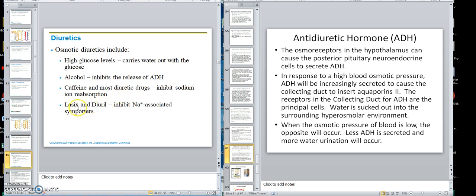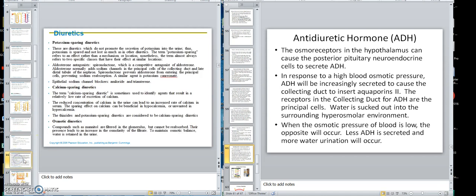Lasix is a very powerful diuretic. It inhibits sodium-associated symporters, so you lose a lot of sodium. You also lose some potassium too. Potassium is the main thing that's really lost with those diuretics.